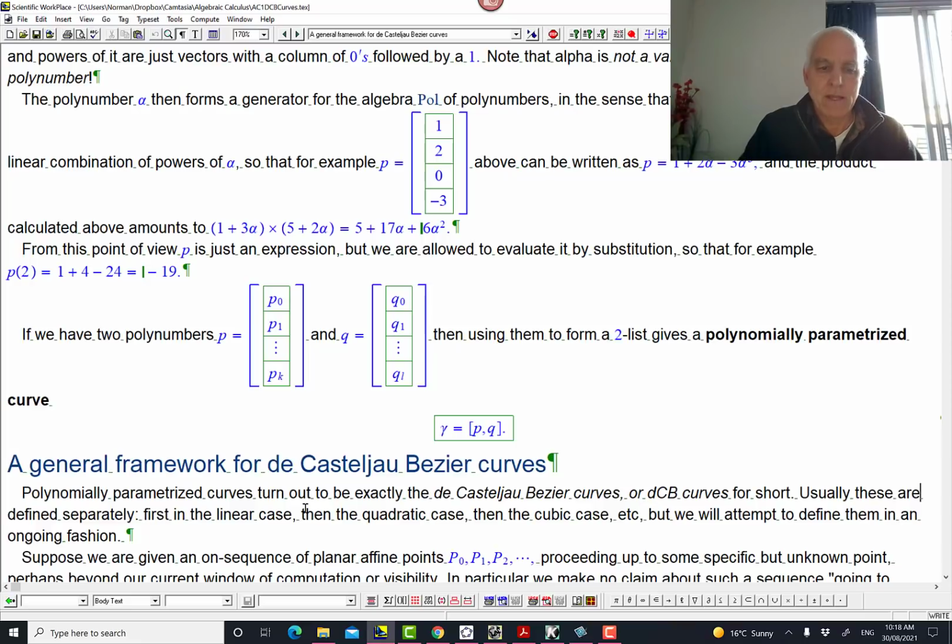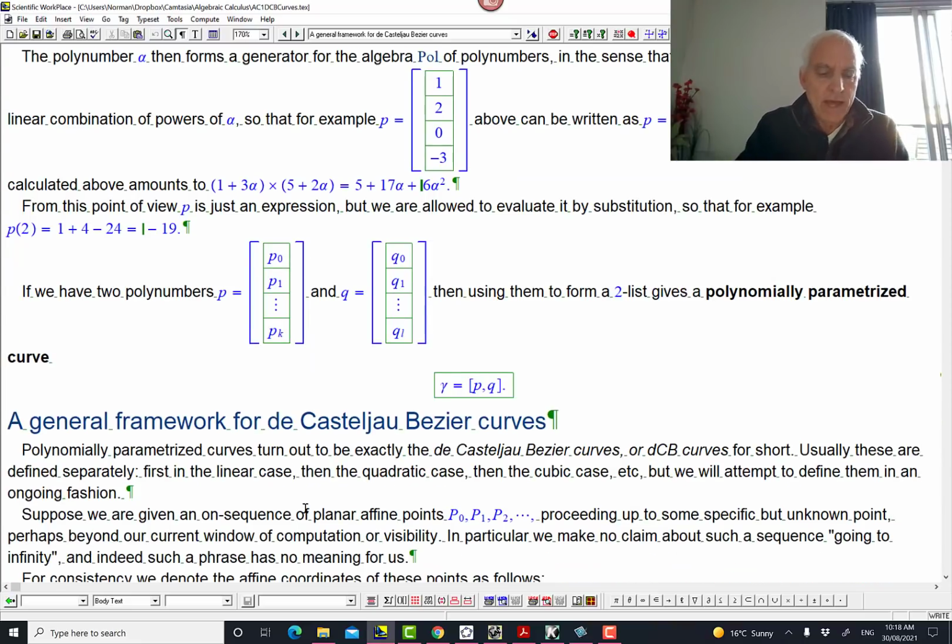Okay, so to do that, let's consider a sequence of control points, P0, P1, P2, etc. Okay, so these are planar affine points. And these are going up to some specific but unknown point. So this is a sequence that carries on in some fashion, but maybe it carries on beyond our current window of computation or visibility.